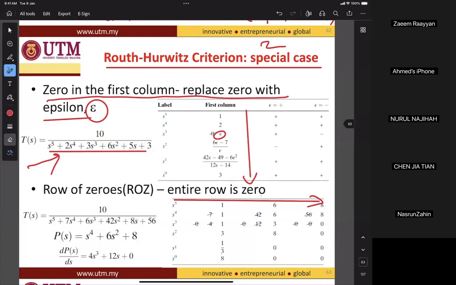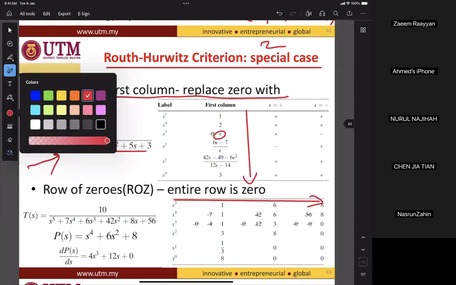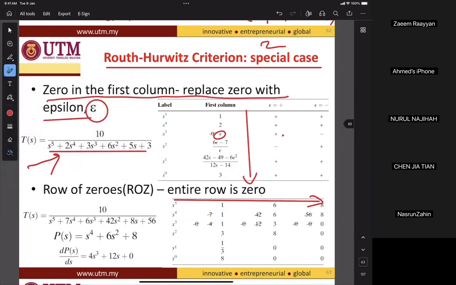In this case, we observe the sign changes: positive, positive, positive, positive, negative, meaning there is one sign change. And the second one, negative to positive, a second sign change, meaning that we have two poles on the right hand side.